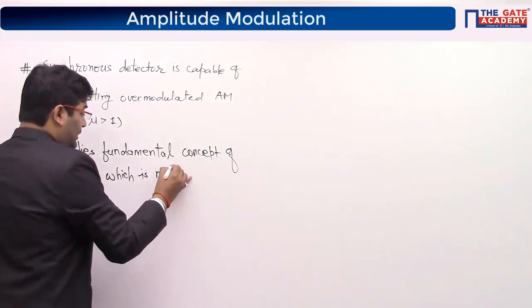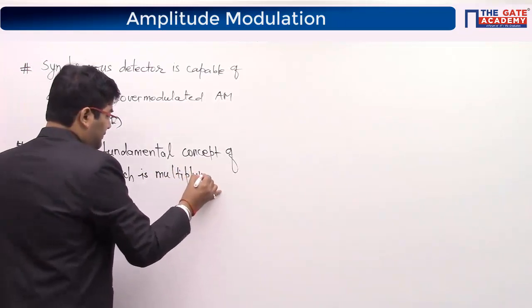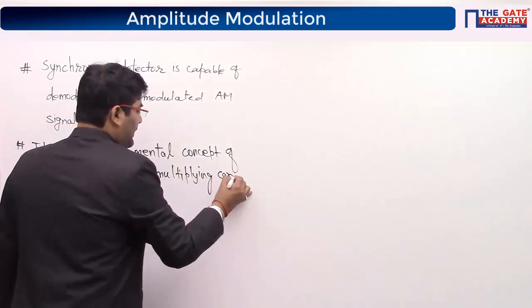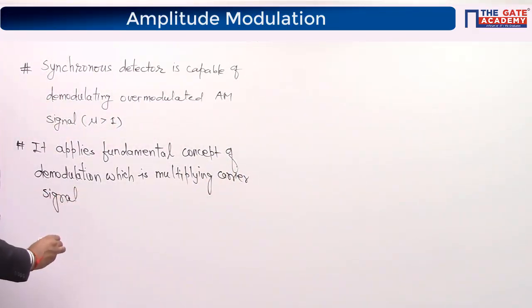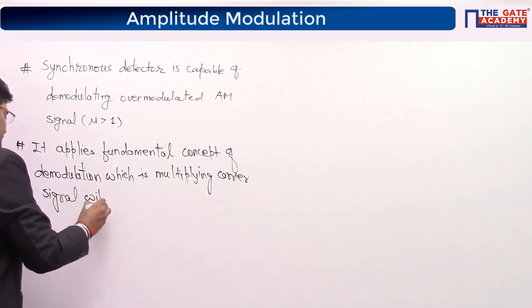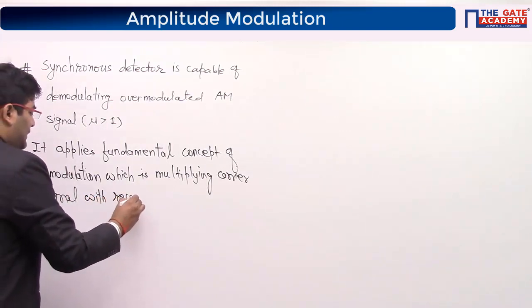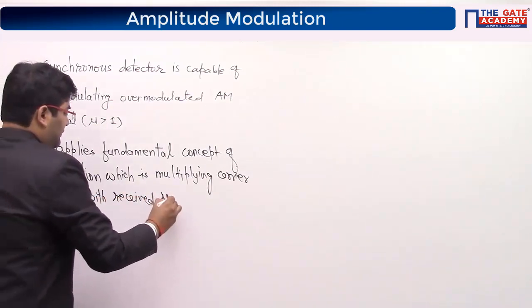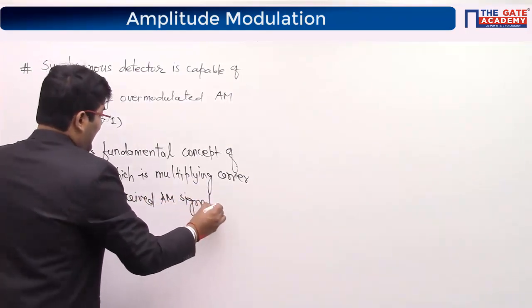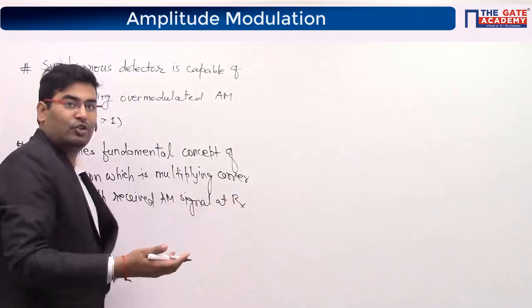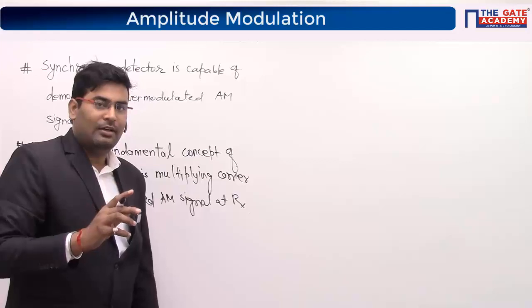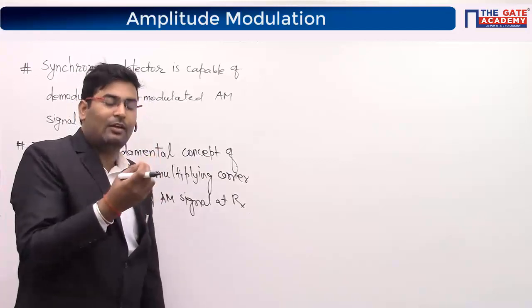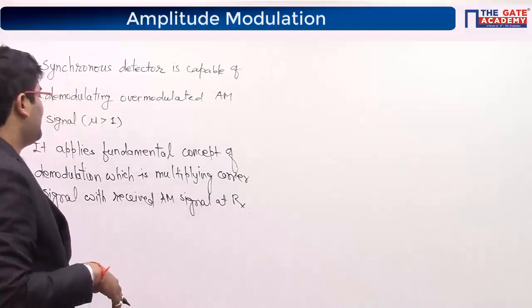Multiplying the carrier signal with the received AM signal at RX. RX, guys, I have told you so many times, RX is the receiver's end. So we multiply the AM signal with the carrier signal at the receiver's end.